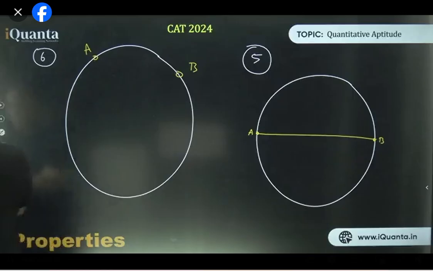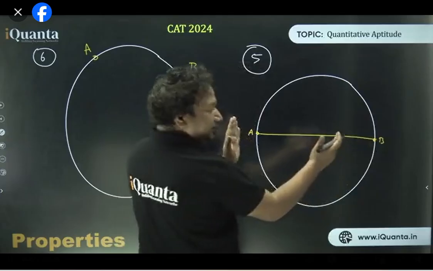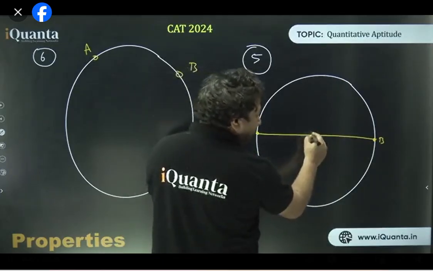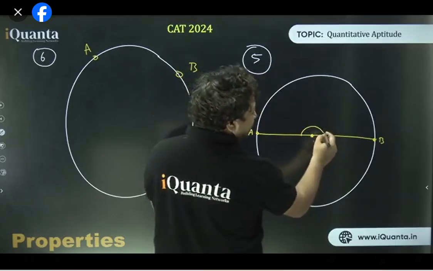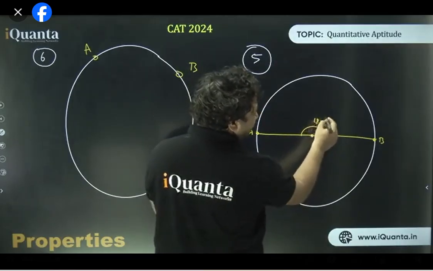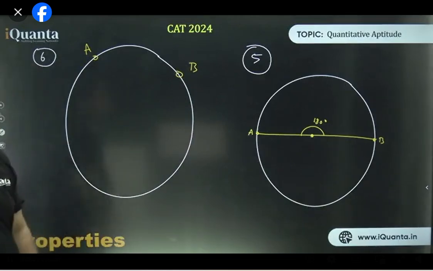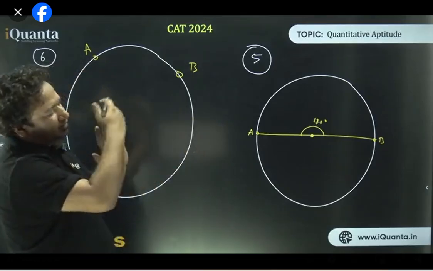Okay, so now listen to me. What is this diameter? It is subtending an angle on the center, and that angle is 180 degrees. When this happens it's 180. All of us know that, right? Now take AB as a chord, or AB as an arc.